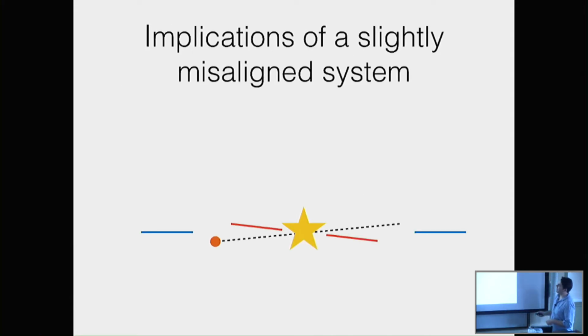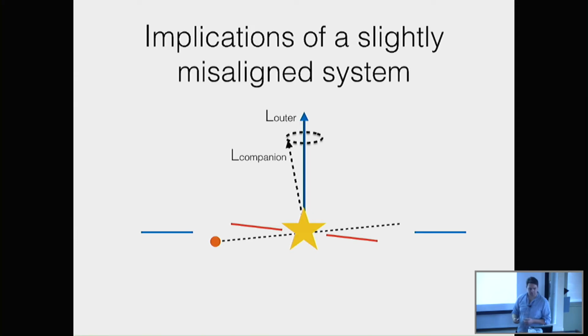So if you imagine you have a very slight misalignment that can come from any of these processes, then these outer disks, this companion, and this inner disk are going to apply torques to each other. Right? So the outer disk has most of the angular momentum, so it just stays fixed in space, but it applies a torque to the companion and causes the companion to precess around its angular momentum vector.